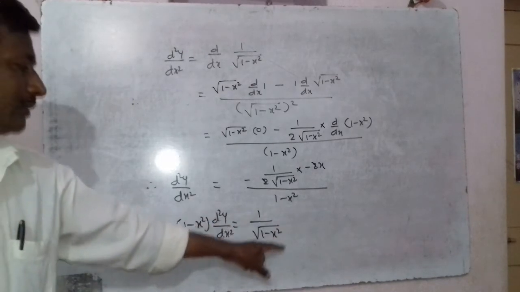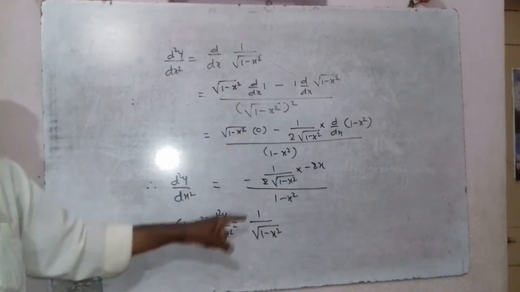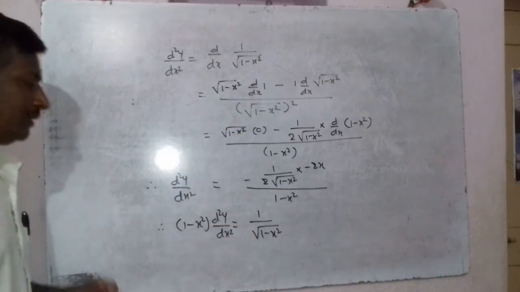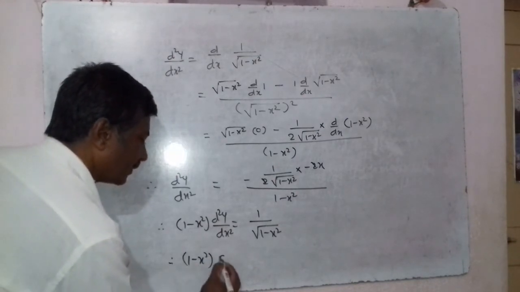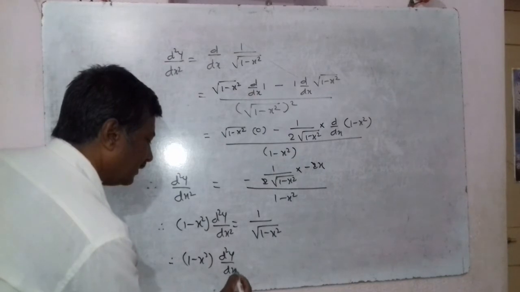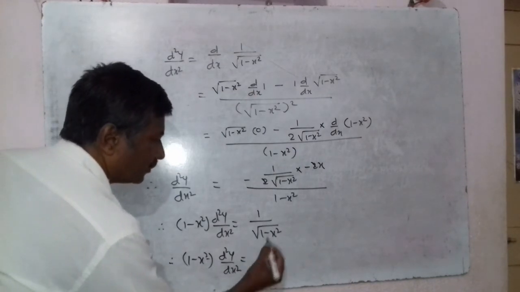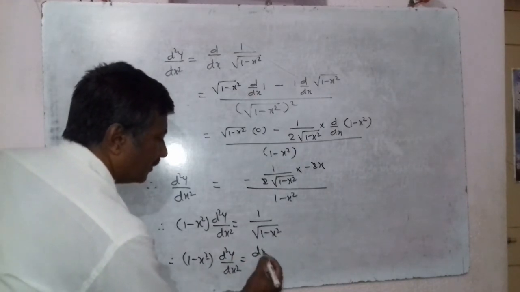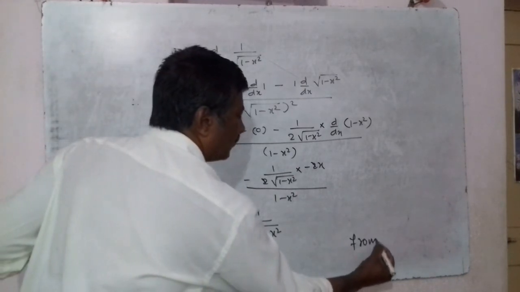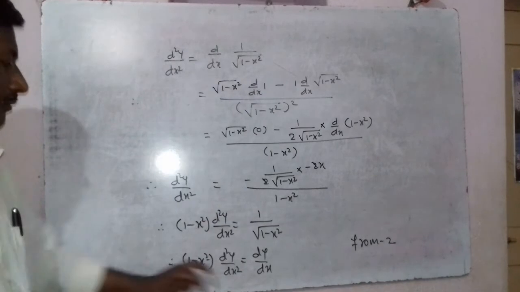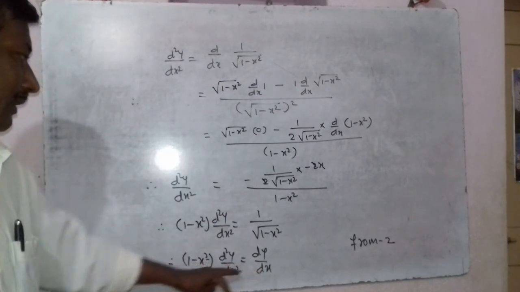So this is the result of y, that is dy by dx. Therefore (1 minus x square) d square y by dx square equals x times dy by dx from equation 2. Now bring this to the LHS.